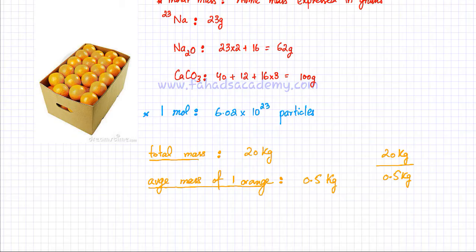So if I do that, the answer I'm going to get is 40, which is very close to the number of oranges I have in this carton. So this is how you're going to count very, very large things.